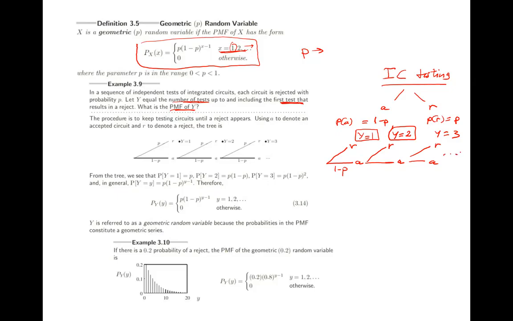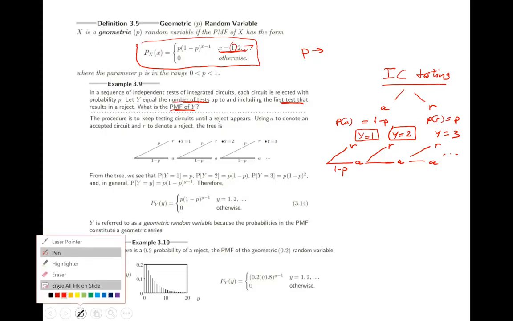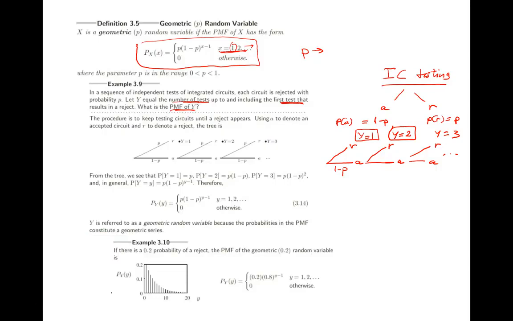What I am looking for here is simply the first rejected. The first rejected might occur in the first test, or in the second test, or the third test. So we have to determine each of these probabilities.